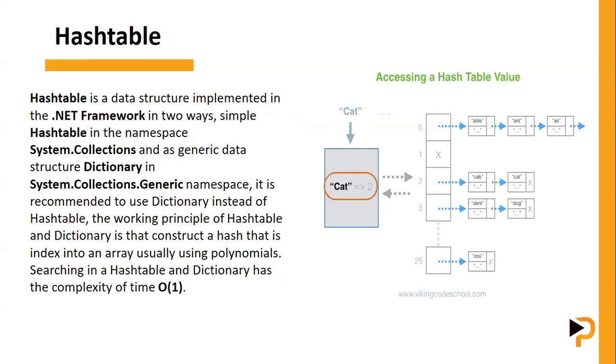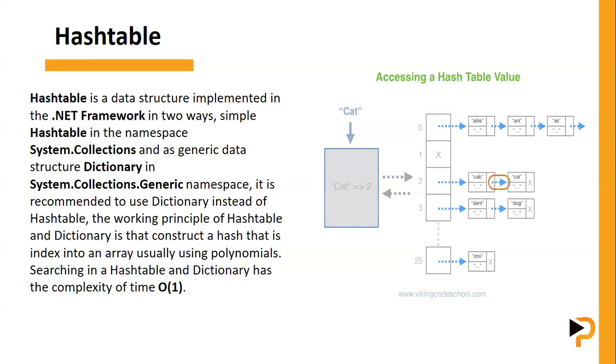It is a data structure implemented in the ASP.NET framework in two ways. First one is the normal, simple Hashtable in System.Collections, and the generic data structure Dictionary in the System.Collections.Generic namespace. It is recommended to use the Dictionary instead of Hashtable because again it's a generic one.